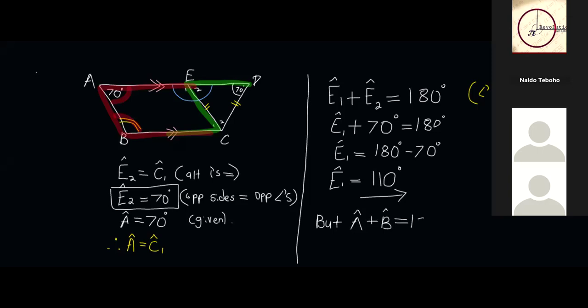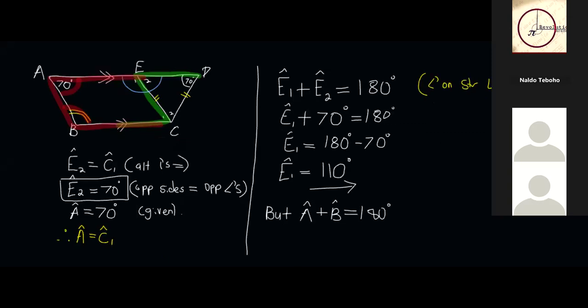Because co-interior angles are supplementary. So here you'll write co-interior angles supplementary. When you speak about supplementary angles, it means they add up to 180 degrees.